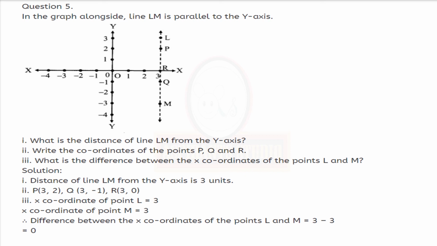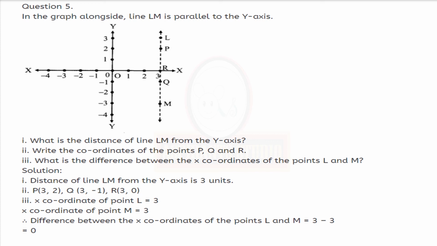X coordinate is 3 and y coordinate is also 3. You are asked to find out only the difference between the x coordinates of the points L and M, so we need not consider the y coordinates. Now take only the x coordinate of the point L. X coordinate of the point L will be 3 and x coordinate of point M is also 3.